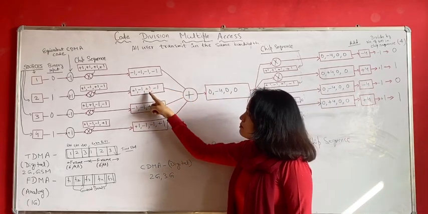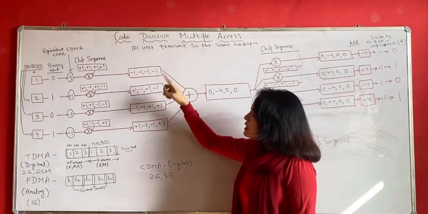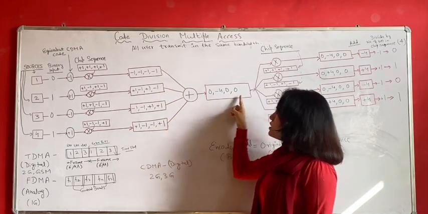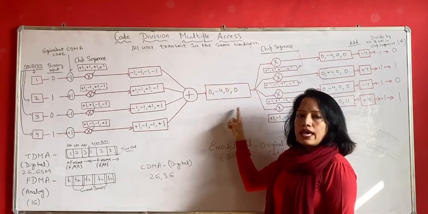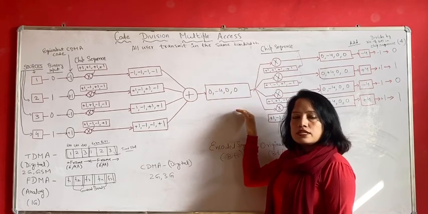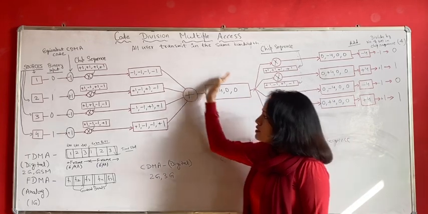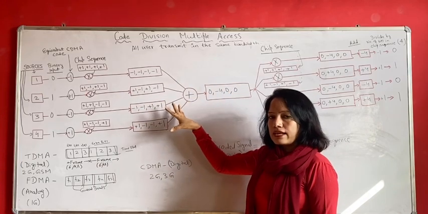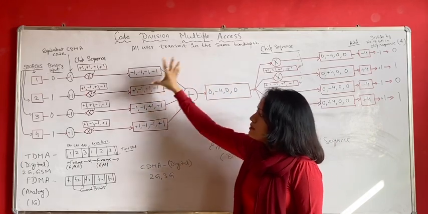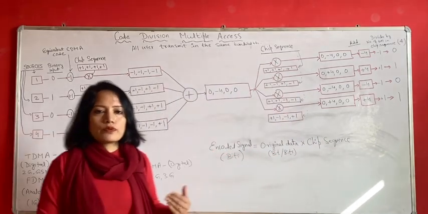Then -1 +1 +1 -1, which is 0. And -1 -1 +1 +1, which is 0. So this is the CDMA encoded data which travels through a single channel. This whole process occurs at the sender's end, or transmitting end. This is the transmitter process.